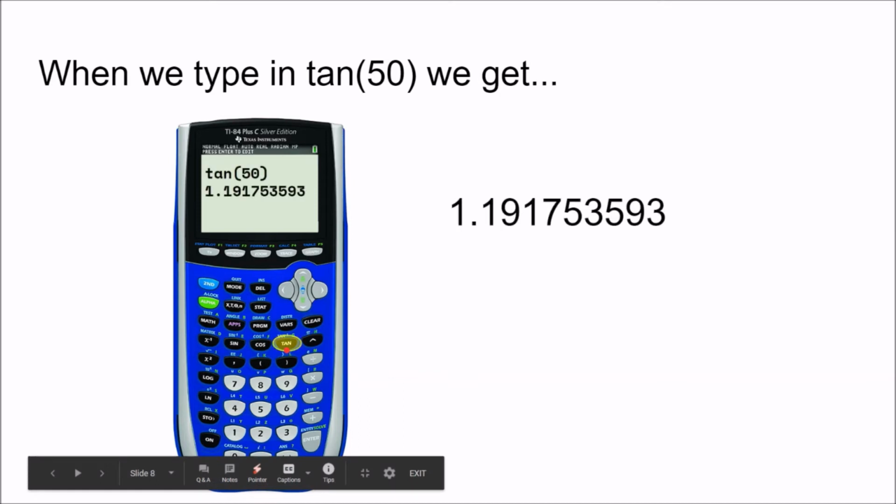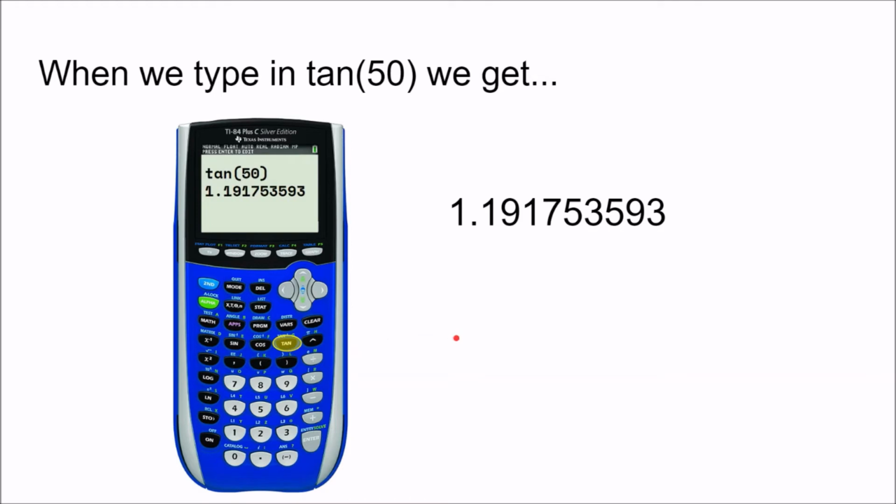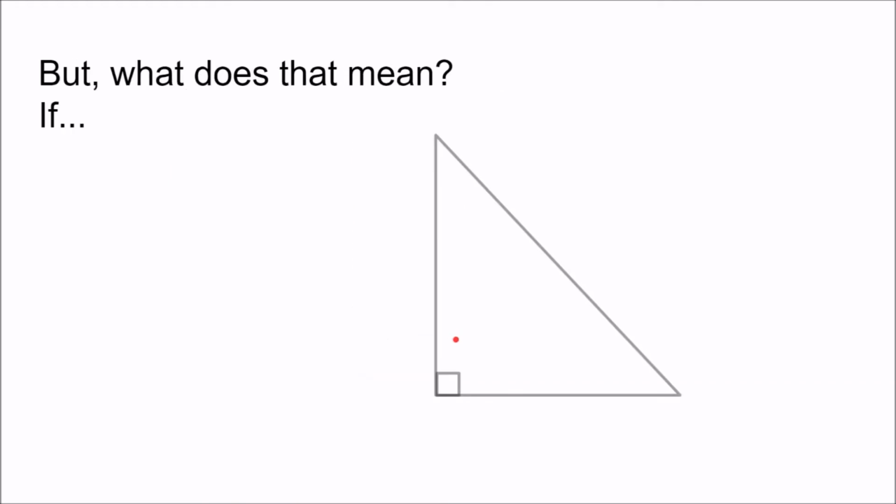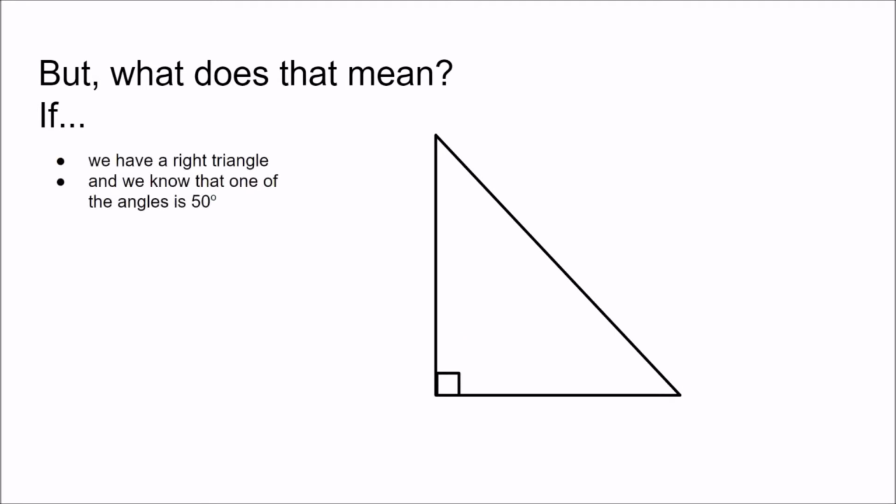So what does that mean? Again, if we have a right triangle and we know that one of the acute angles is 50 degrees, now this time instead of the hypotenuse being 1, we're going to set the adjacent side to the 50 degrees equal to 1. Slightly different there.